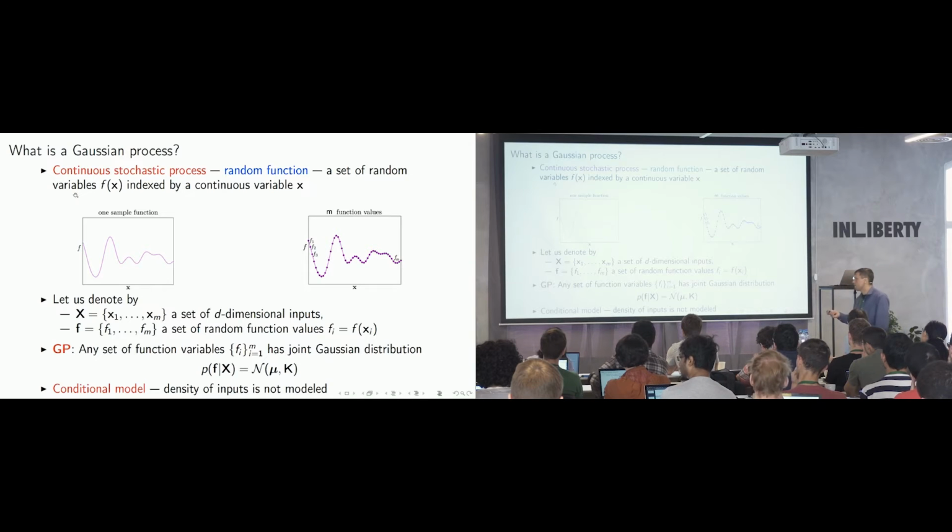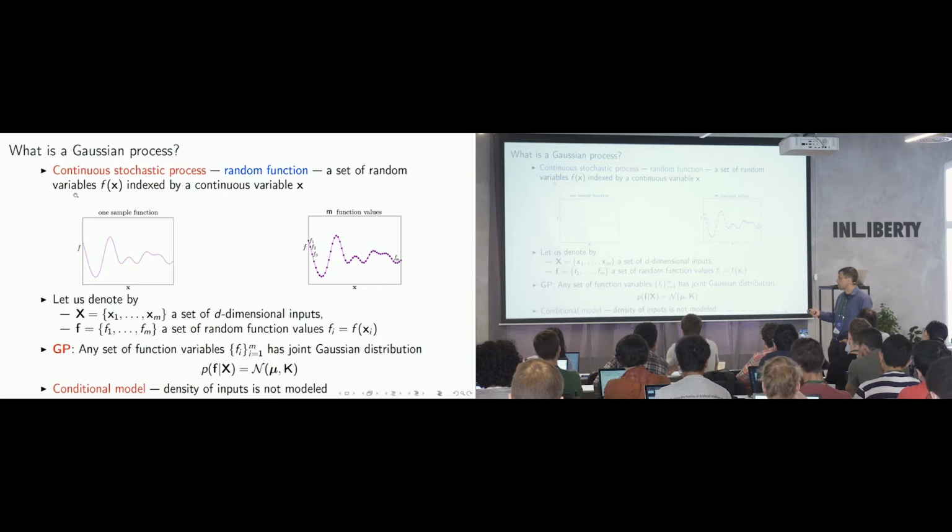We assume that there is a sample of m points, and this sample of m points is fixed and deterministic. And we assume that for each point from this set, we observe f of xi, the value of this stochastic process at the corresponding sample point. So f sub i is equal to f of xi. And so these are our observations.